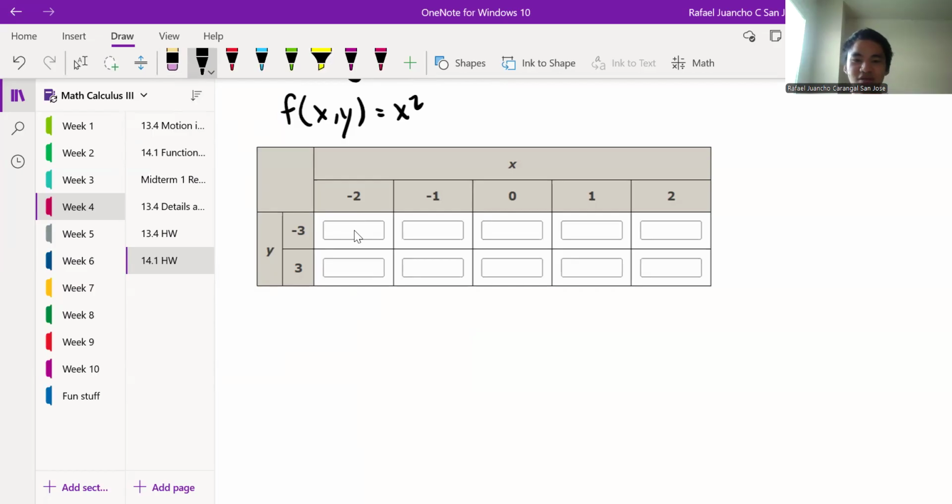If I get -2 and -3, I plug in my -2, I get 4, right? Here I have a -1 and a -3. I plug it in, I get 1. 0, -3, I get 0. 1, -3, I get 1. 2, -3, I get 4. And then I basically get the same thing here.